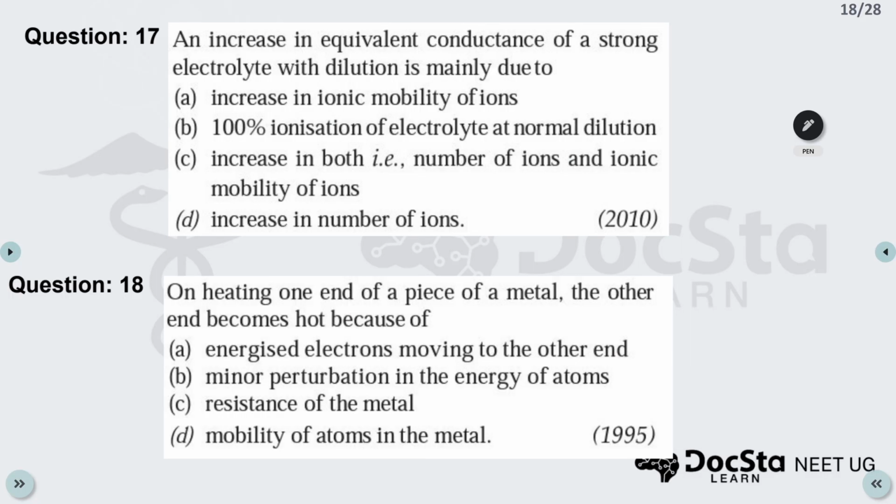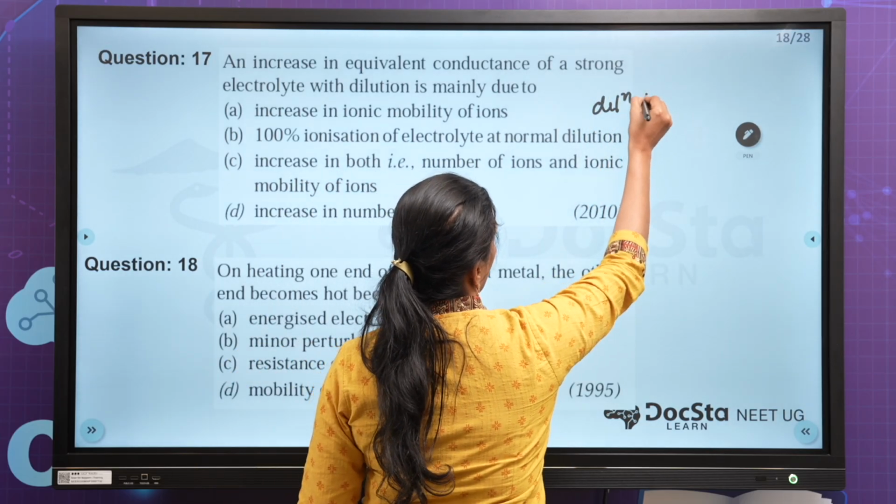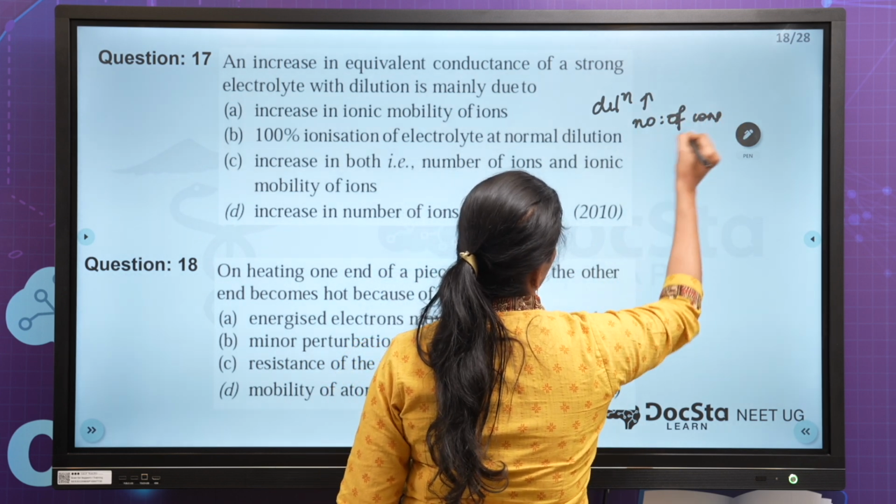Next you see an increase in the equivalent conductance of a strong electrolyte with dilution. What is the reason for the increase in the equivalent conductance of strong electrolytes? We know that strong electrolytes completely ionize in solution at all concentrations. So on increasing dilution, the number of ions remains the same.